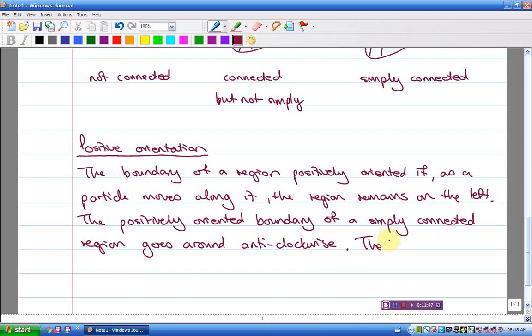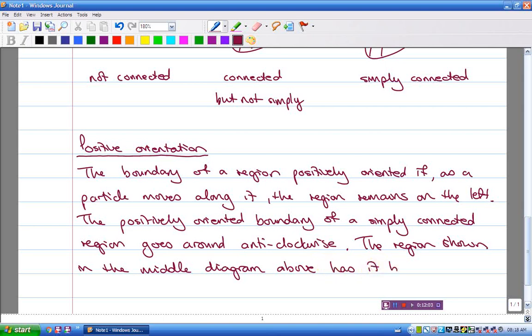The region shown in the middle diagram above has its boundary positively oriented.